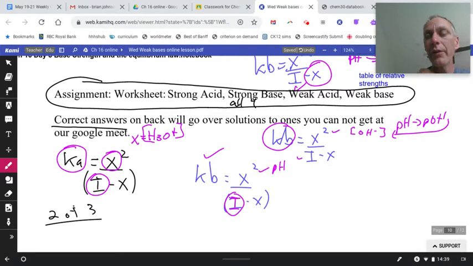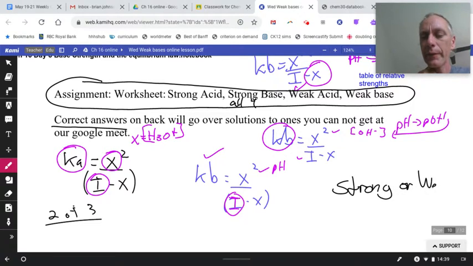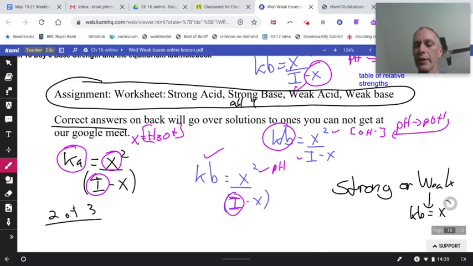In theory, you guys should be able to look at any acid or base and decide, is it strong or weak? And if it's weak, then you're going to go use the shortcut. And if it's strong, you're just going to go stoich. 3 moles per liter becomes 3 moles per liter.